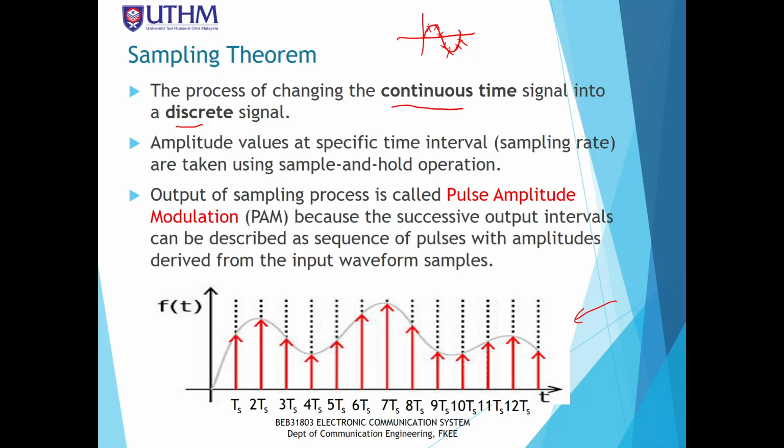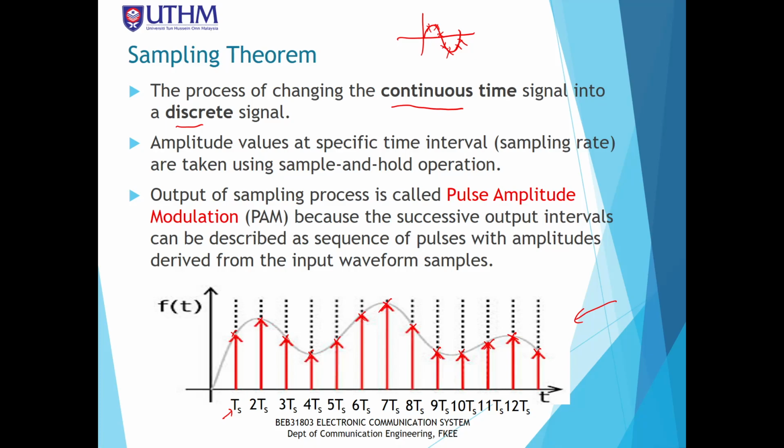So the signal now becomes discrete time. What is discrete? Discrete means it is not continuous. In this example, the sample is taken at Ts, where Ts is the sample time.